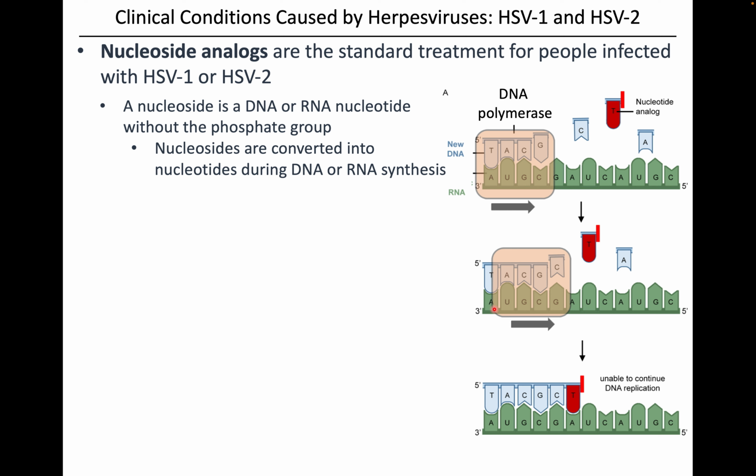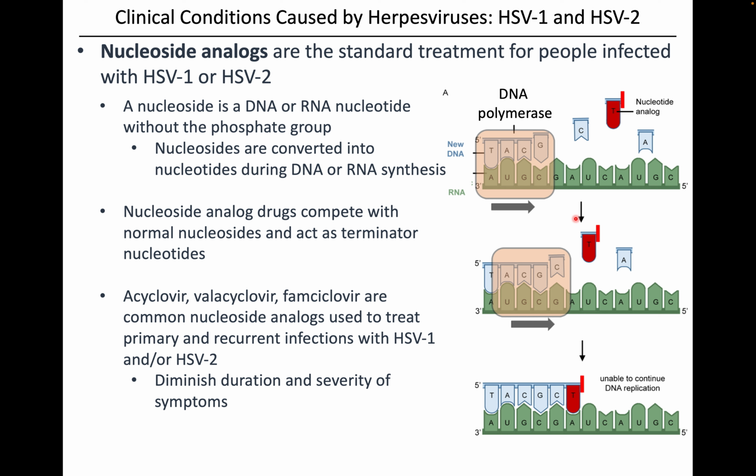There's no cure for any of these herpes viruses, but for HSV 1 and 2 at least, they're typically treated with nucleoside analogs. So these are molecules that mimic nucleotides. They can be incorporated into a growing nucleotide chain during DNA replication by DNA polymerase, but they will basically act as a chain terminator, so once that's incorporated, you can't add any additional bases after that.